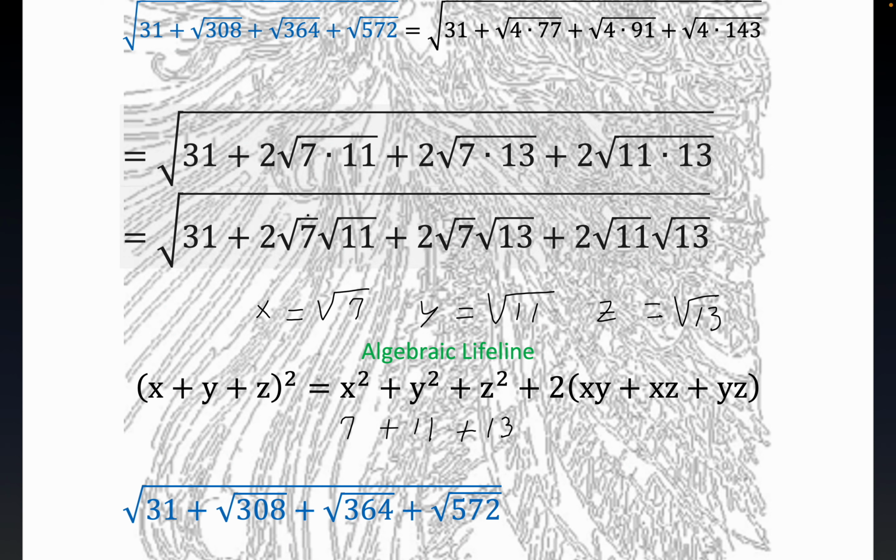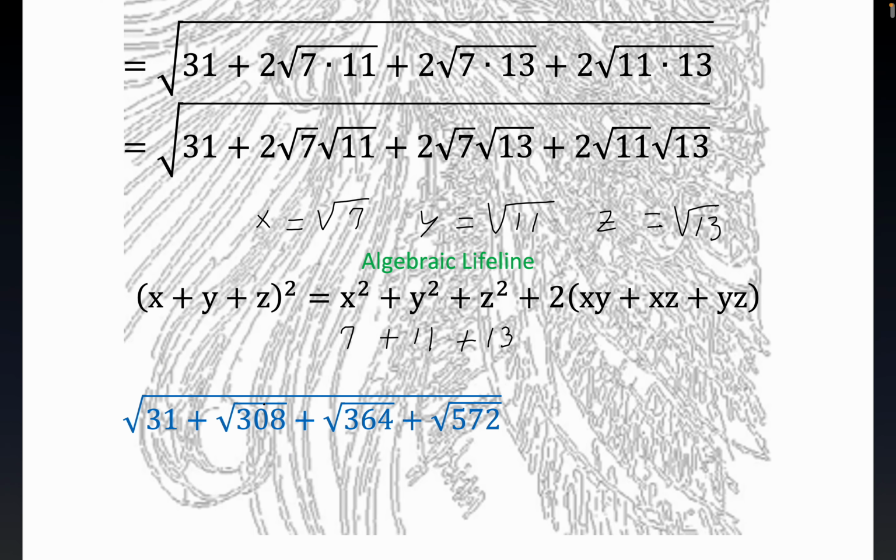You can see this would be 2. You factor the 2 out of all 3 of these terms, and you get 2 root 7 root 11 right here, and so on. So you can see these assignments for x, y, and z fulfill this algebraic identity exactly.